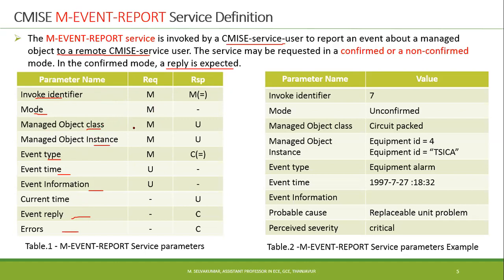The managed object class defines the type of the resources. The instance identifies the specific entity emitting the notification. The managed object instance gives the specific identification of the notification.